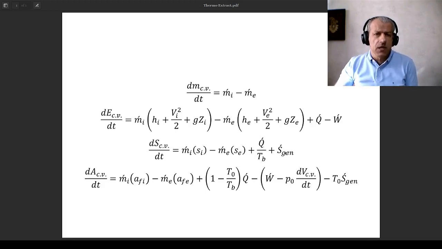We have a S dot gen, but we have to discuss what this S dot gen means and where it applies, how it acts. So what I would do is to just simplify this equation and try to understand its different terms for our problem at hand.